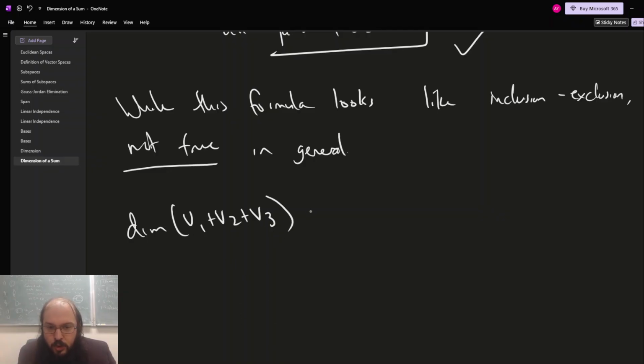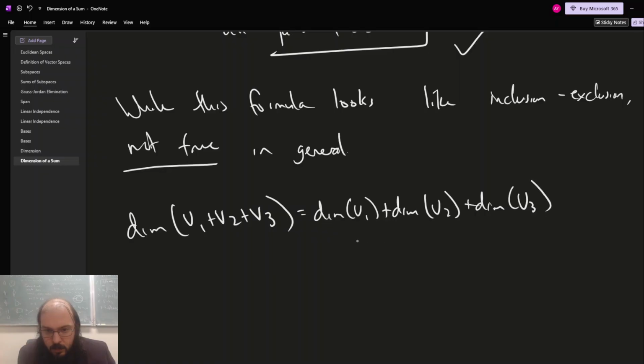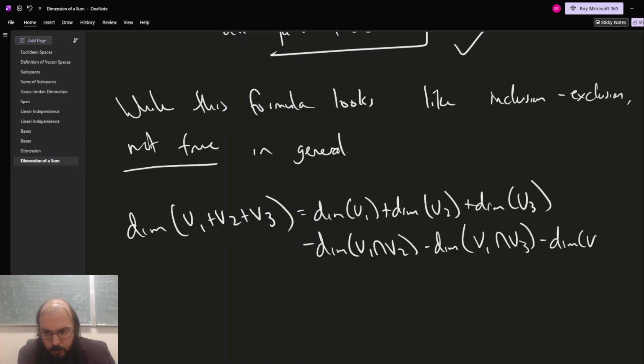In other words, we could ask ourselves, like, what would we expect to see for the dimension of a triple sum? You might think that it should be something like the sum of the individual dimensions minus the intersections plus the triple intersection.